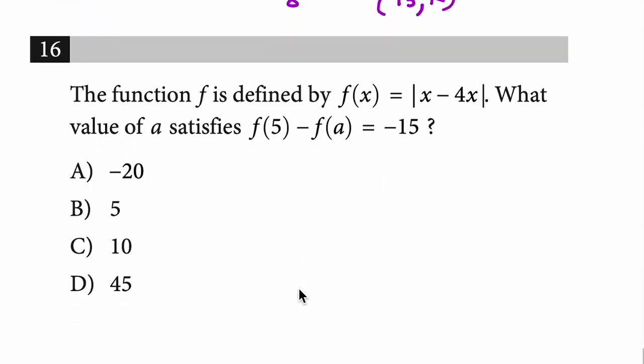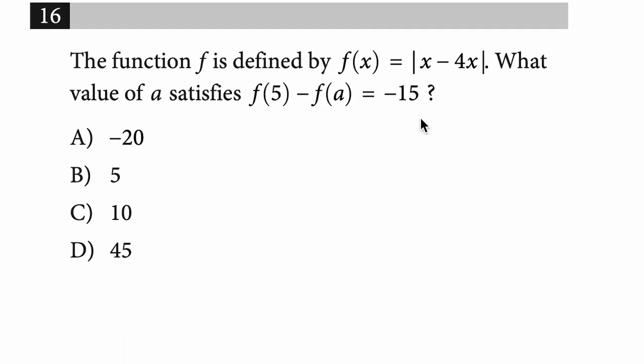Now let's come to question number 16. F of x is equal to the absolute value of x minus 4x. We have to find the right option.